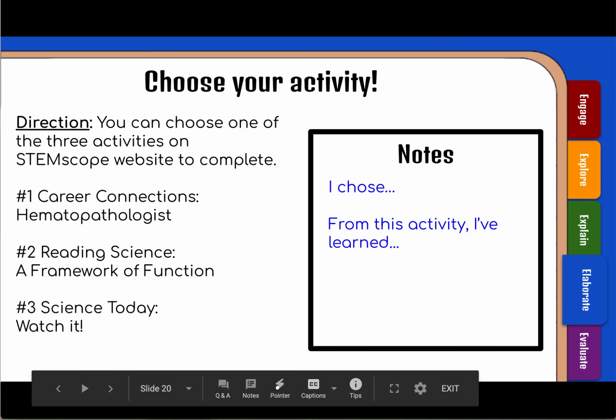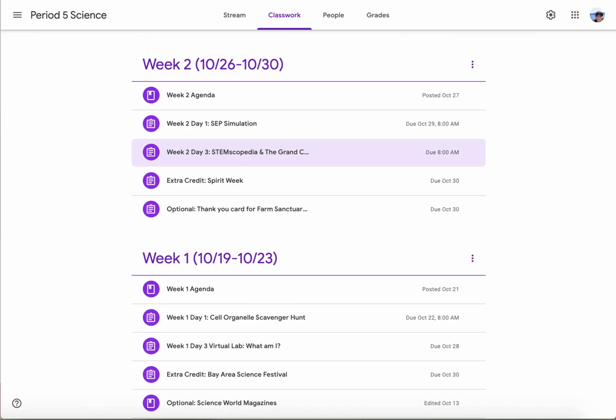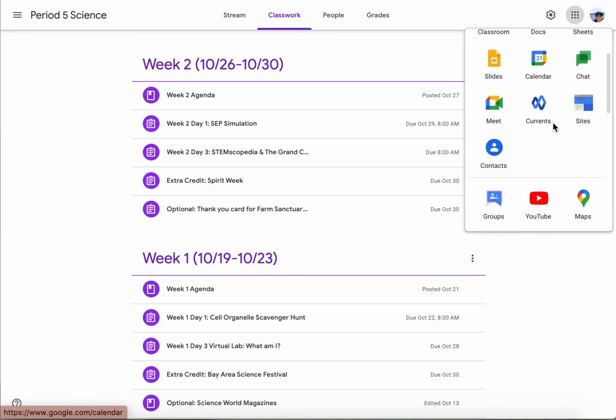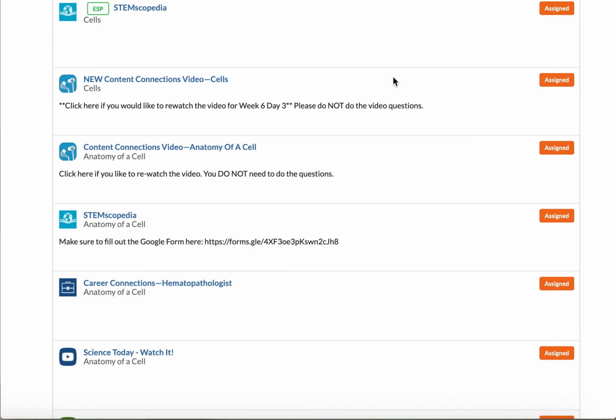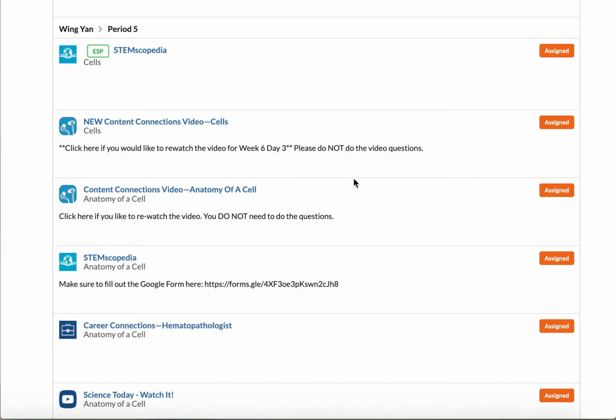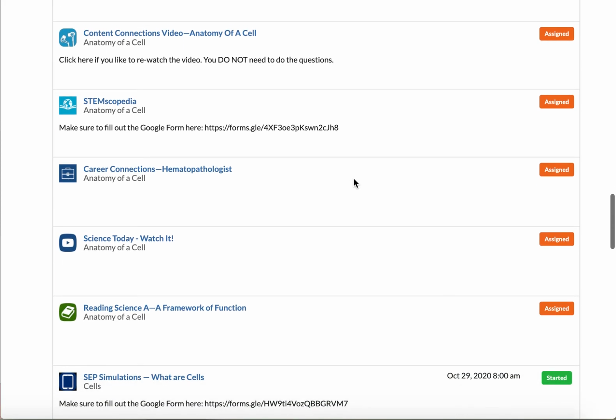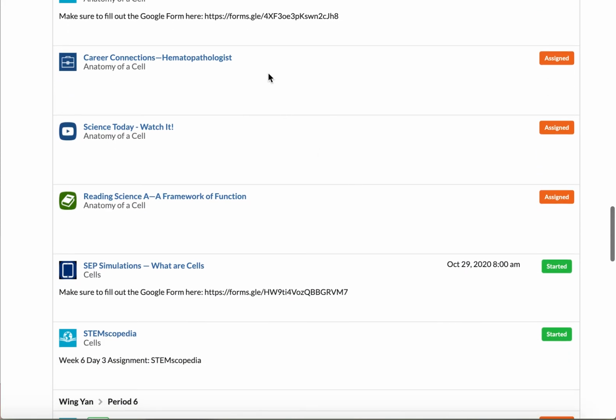Again, in order to go into STEMscope, make sure to go to google.com or go to your Google Classroom, click on the waffle, and go all the way down to STEMscope right here. When you click onto it, you will be seeing all the assignments you have on STEMscope. The ones that you are choosing from today are right here.